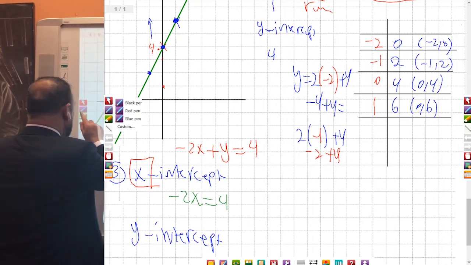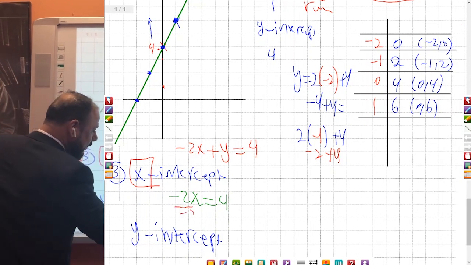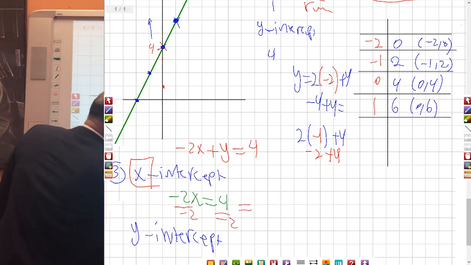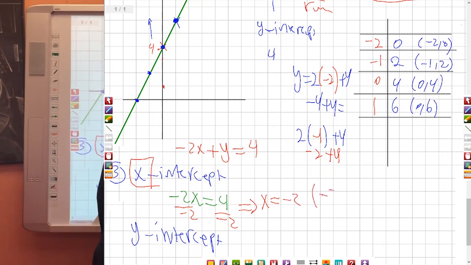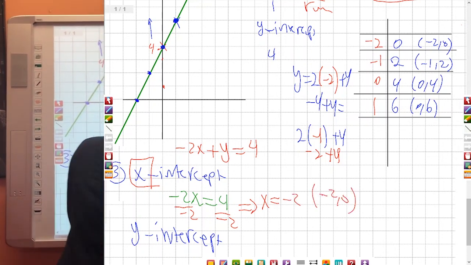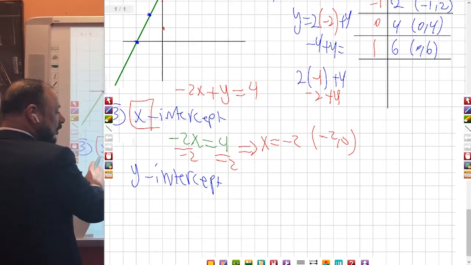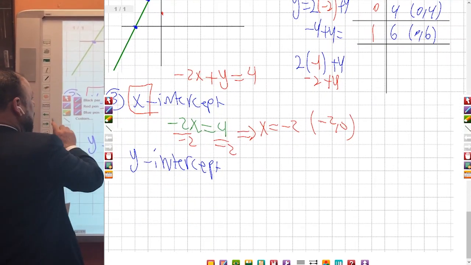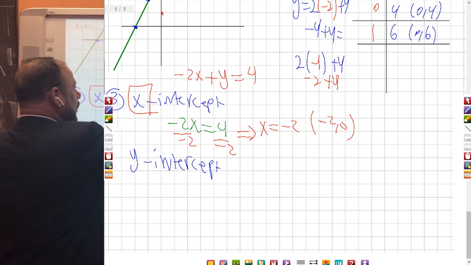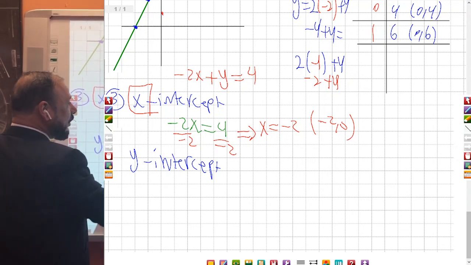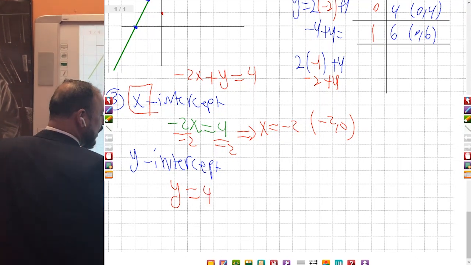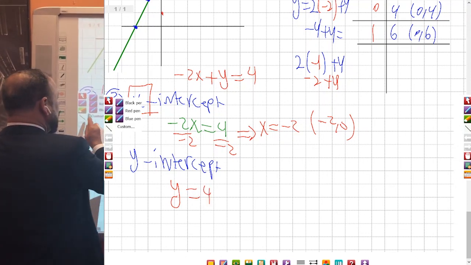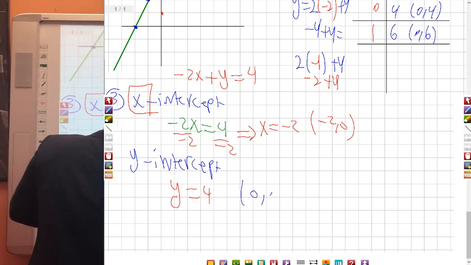Divide by -2 on both sides. Then we have x equal -2, which is the point -2 and 0. This is the x-intercept. To find the y-intercept, you delete the x and leave y in the equation. You don't need x at all. Then y equal 4, which means 0 and 4.